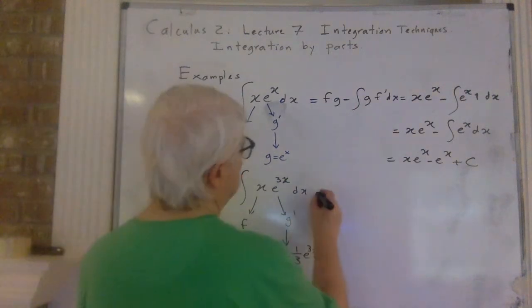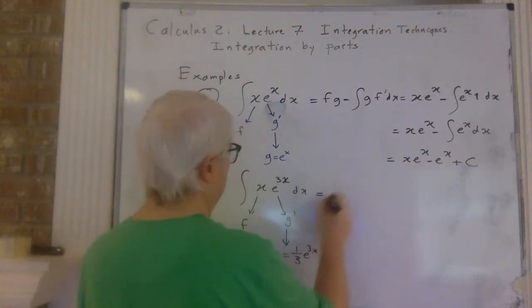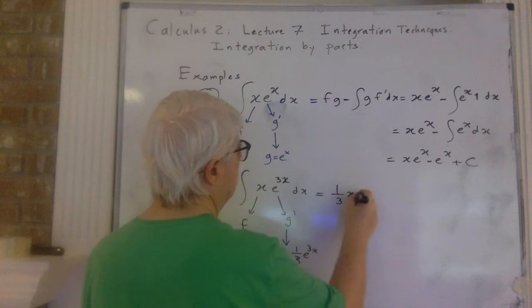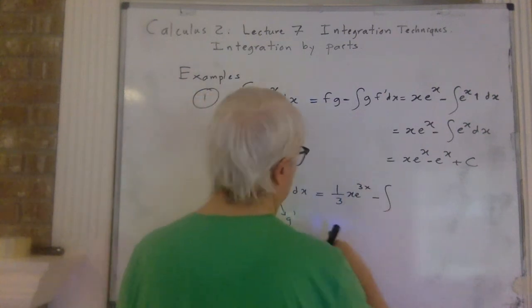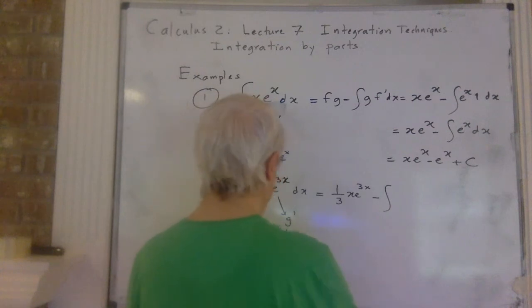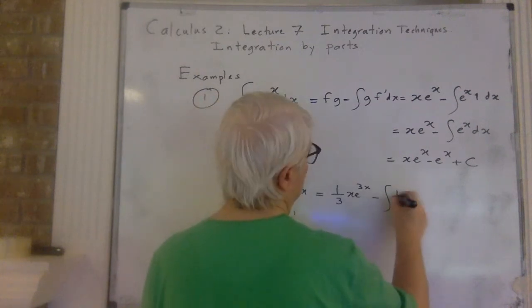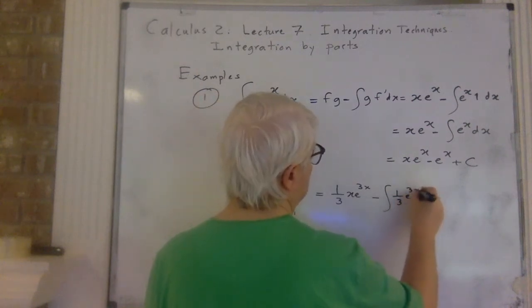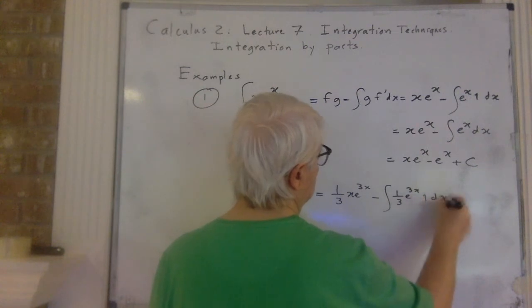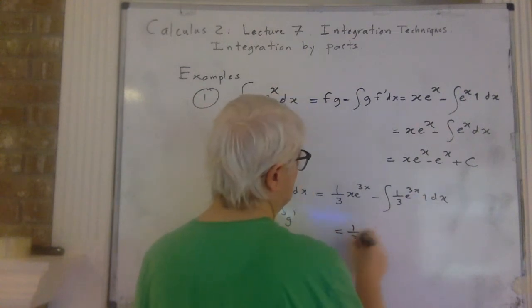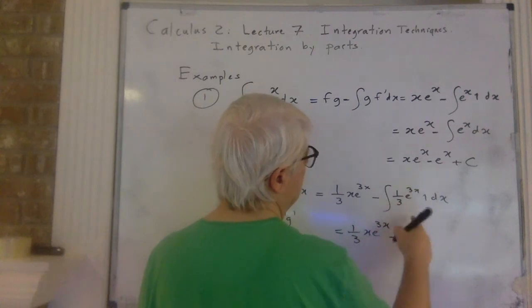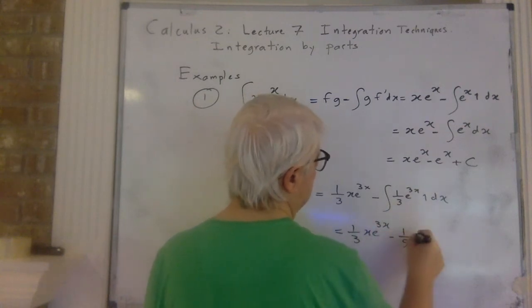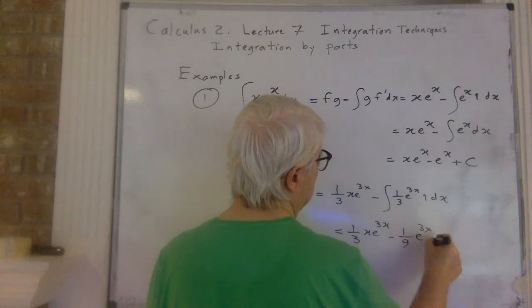So in this case, I have 1/3 x e to the power 3x minus integral g f prime, so that is 1/3 e to the power 3x times 1 times dx. So that's 1/3 x e to the power 3x minus 1/9 e to the power 3x plus a constant.